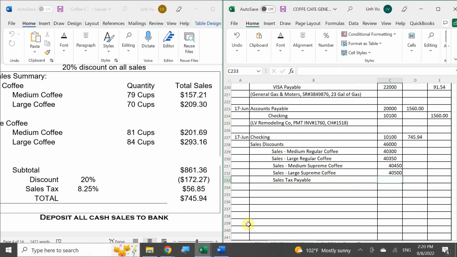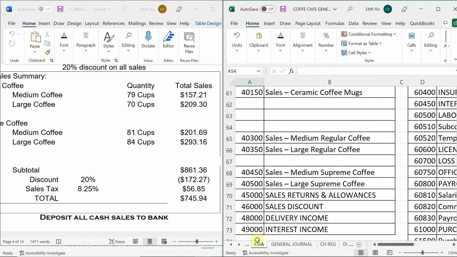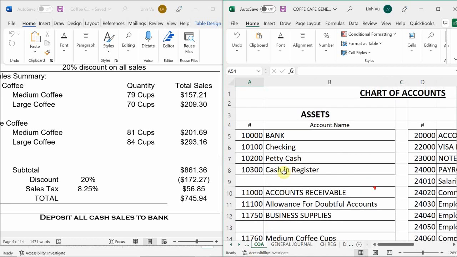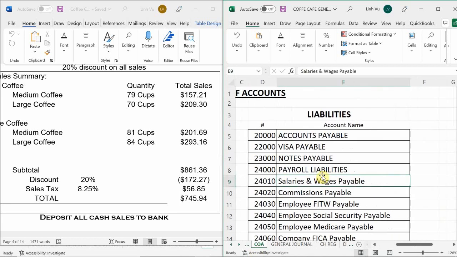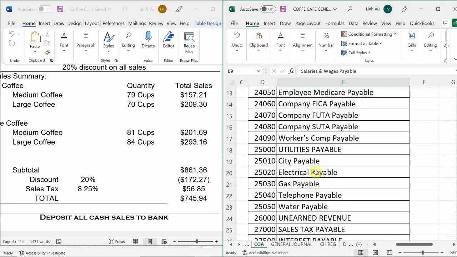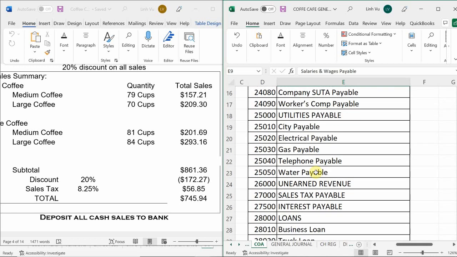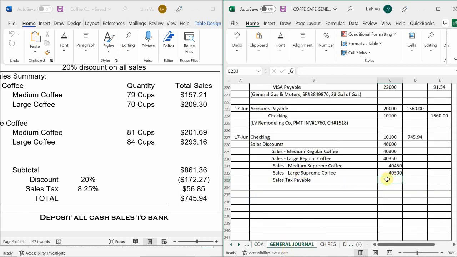Okay, so let's take a look at my chart of accounts. There it is, 27,000.